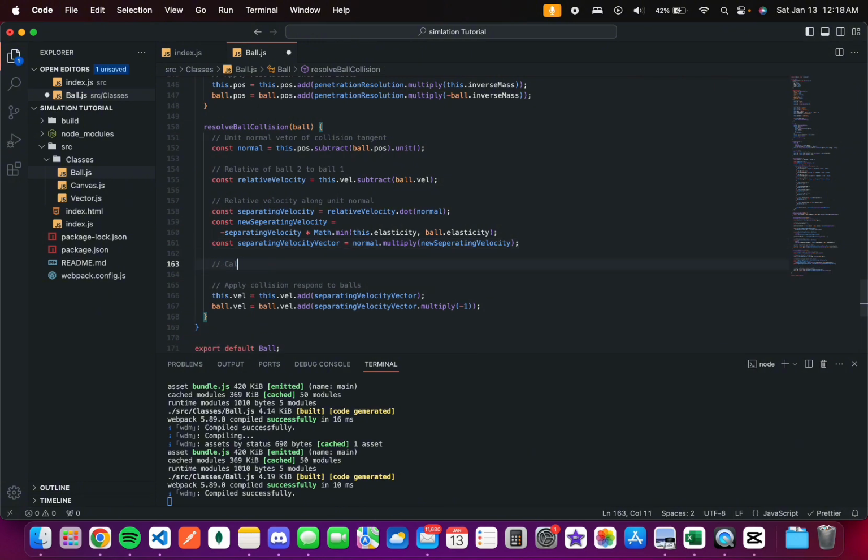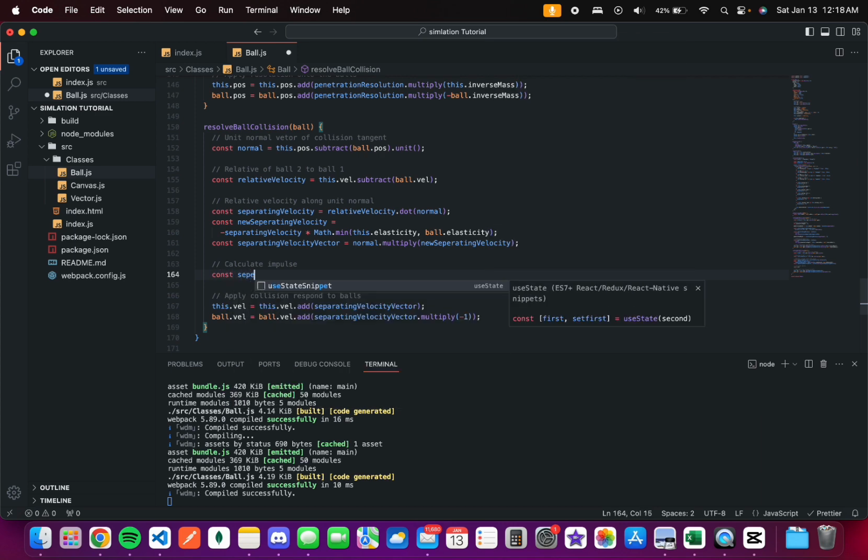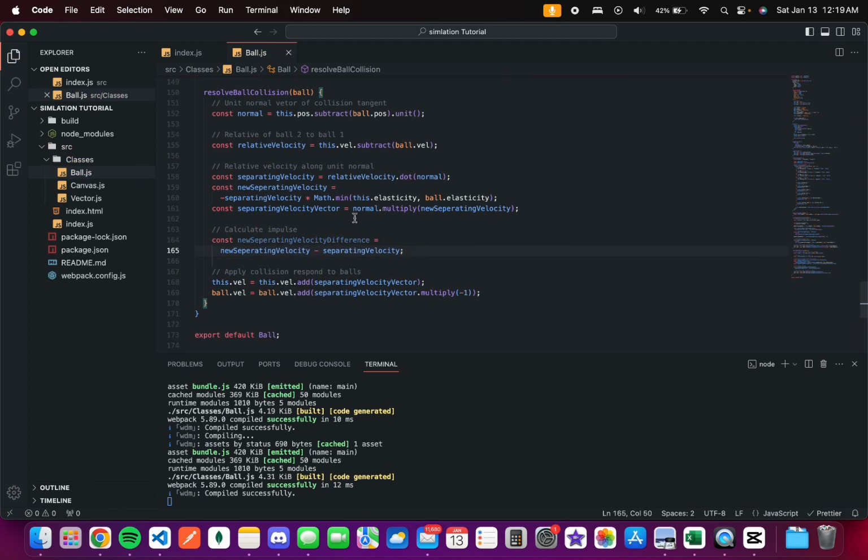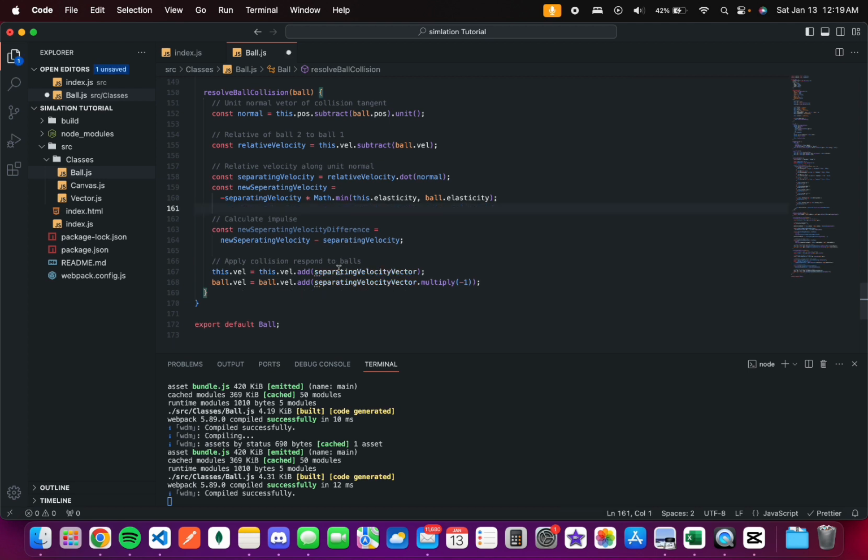So calculate impulse: separating velocity difference equals new separating velocity minus separating velocity. I believe we don't need this anymore. We can remove that.